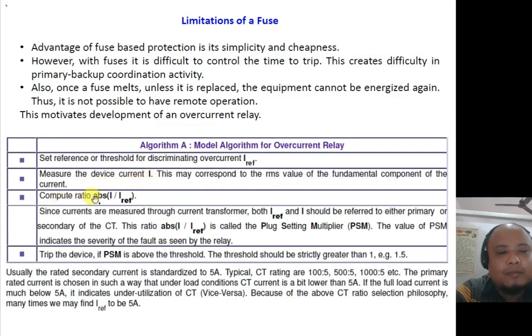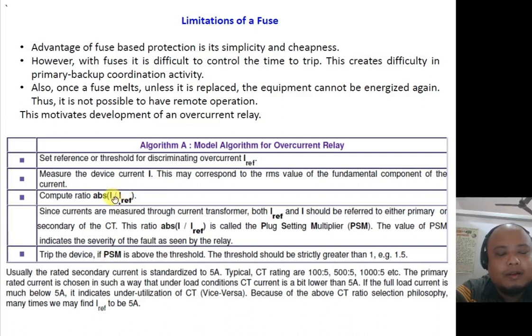Next step, compute the ratio of the absolute value of I by I reference. This is called the PSM, that is, the fault current divided by the reference current or the threshold current. The threshold current is called the pickup value of the relay. Fault current by pickup value is called the PSM.